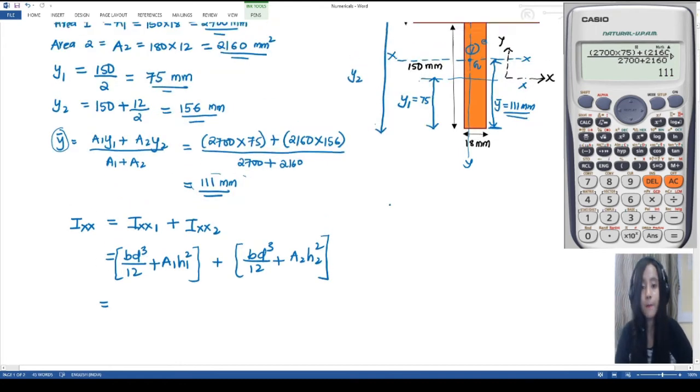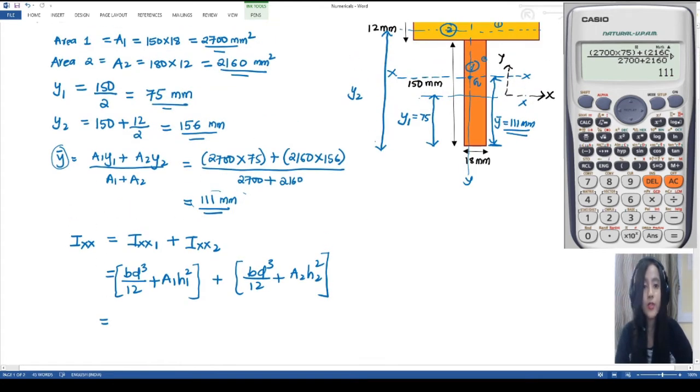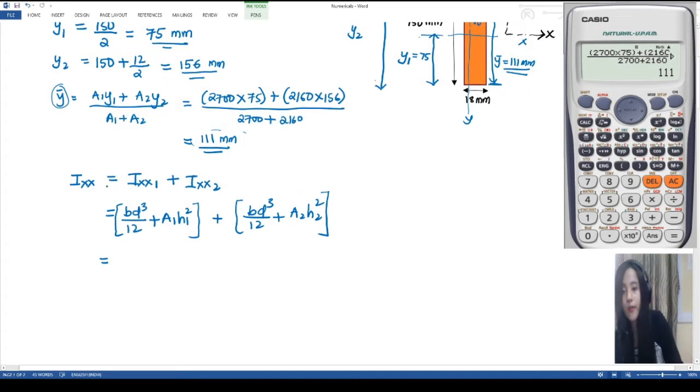For Ixx1, which is this section here, my B for the web portion is 18 and its depth is 150. So I have 18 into 150 cube by 12 plus, how much was my area 1?